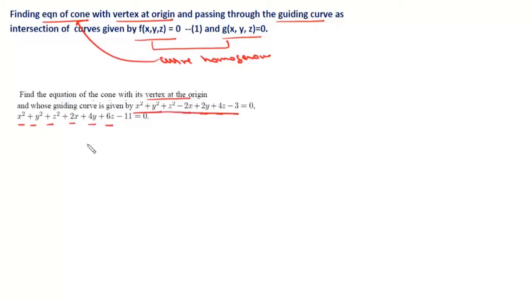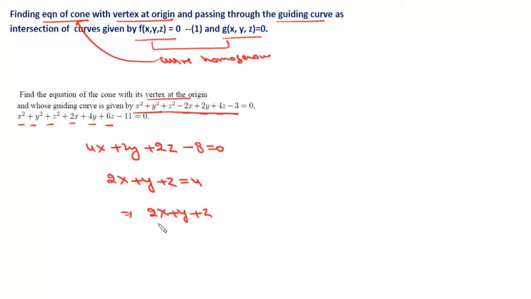Then we can write 4x plus 2y plus 2z minus 8 equals 0, or that is 2x plus y plus z equals 4, and we can write this as (2x plus y plus z) upon 4, and it is equal to 1.